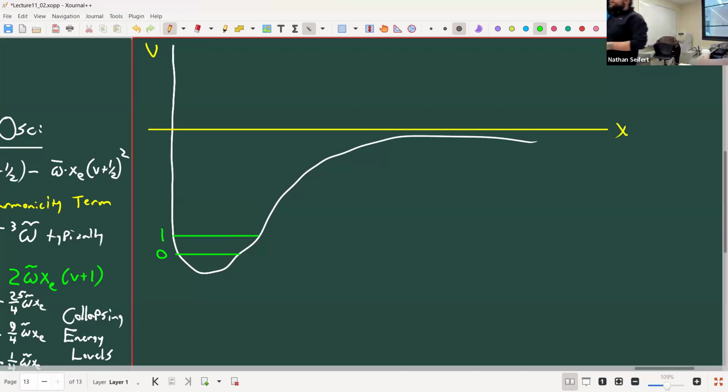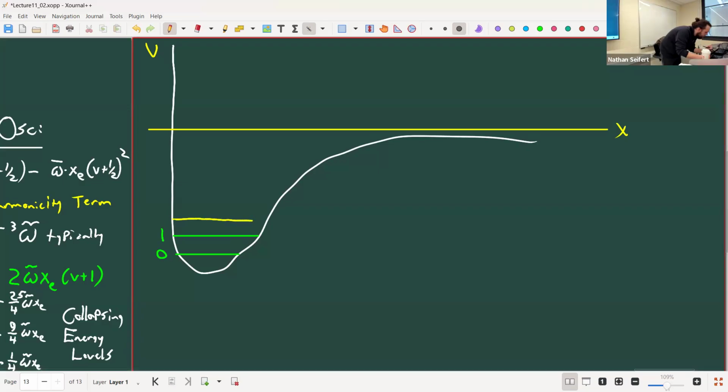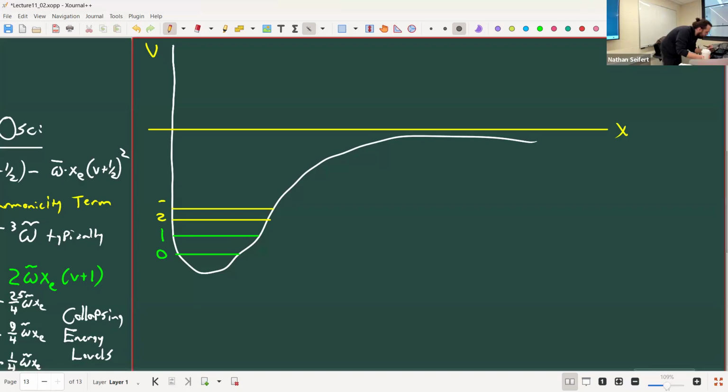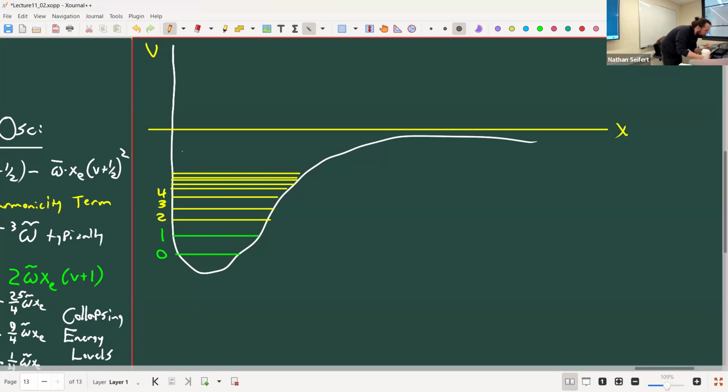As I continue to go up, the spacings start to collapse. 2 is a little closer. 3 is a little closer more. 4 is even closer. 5, 6, 7, 8, 9. You just keep going. They continue to collapse. And then eventually I'm just going to do some dots.